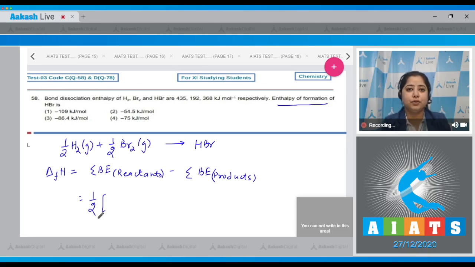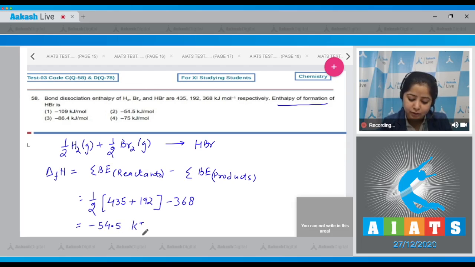So here half into bond energy of H2 and Br2, which is 435 plus 192, minus bond energy of HBr, which is equal to 368. Students, I have multiplied and solved the entire equation. Ultimately, this is equal to minus 54.5 kilojoule per mole. That means the correct answer is option number 2.